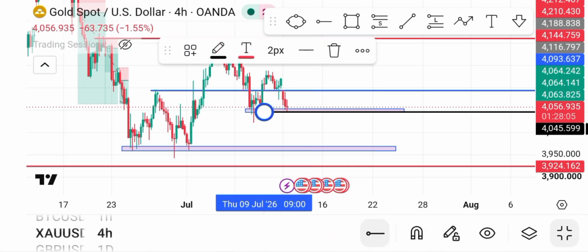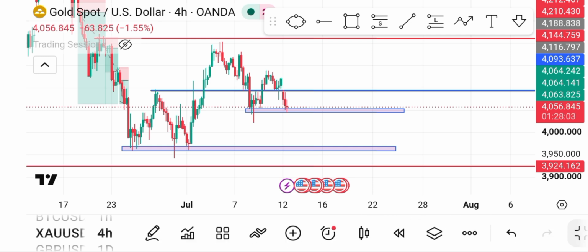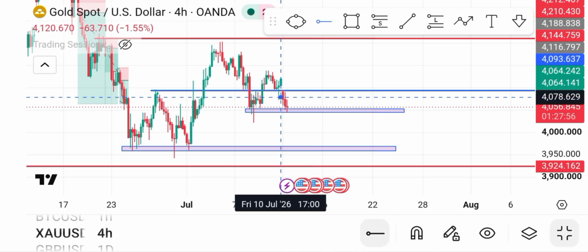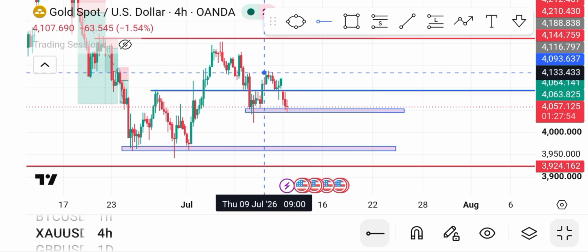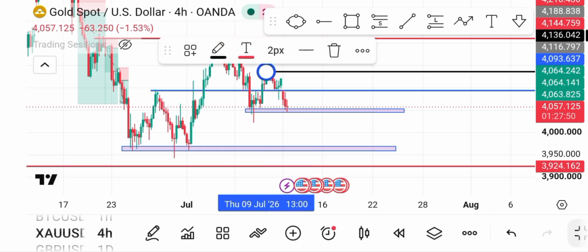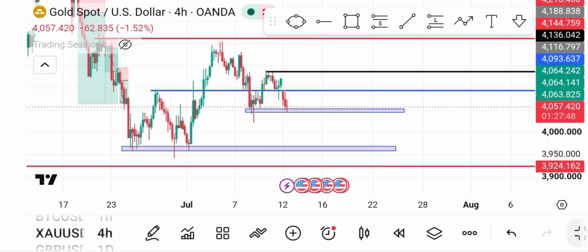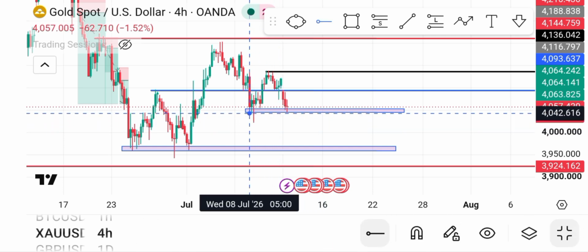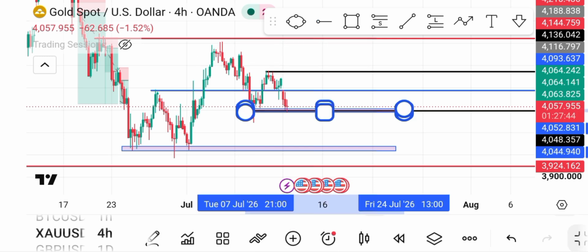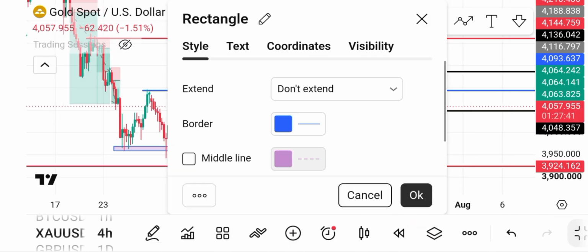For you to know the position you will take, it's either market goes above this price, or it goes below this level. You see these two black lines I just drew now.